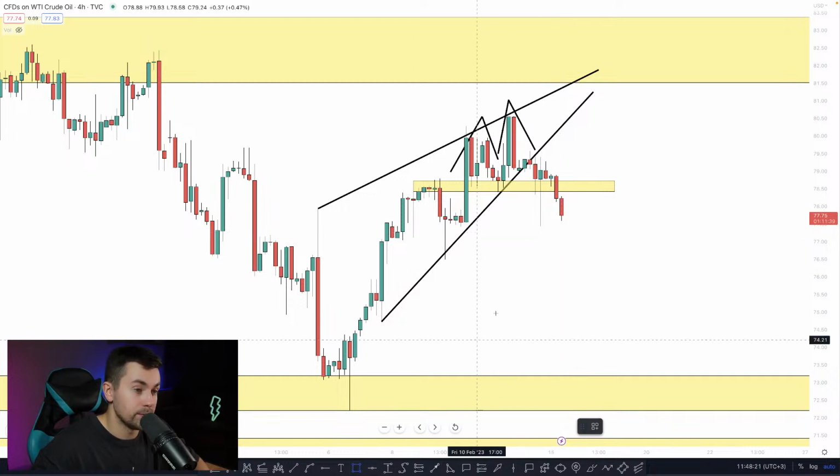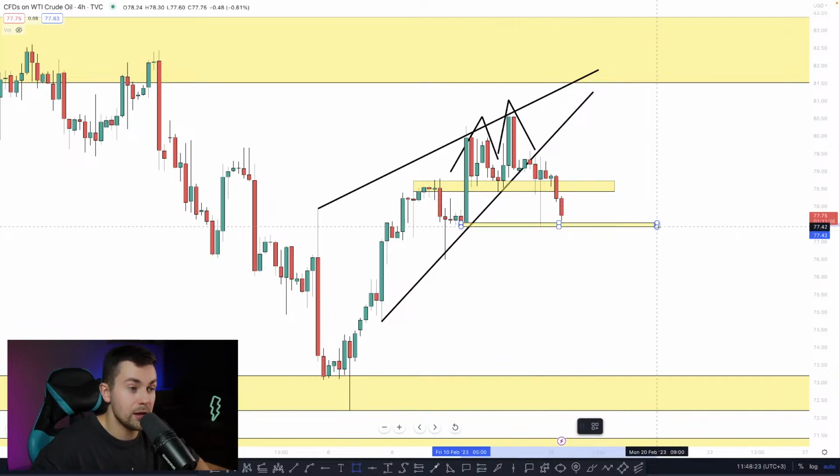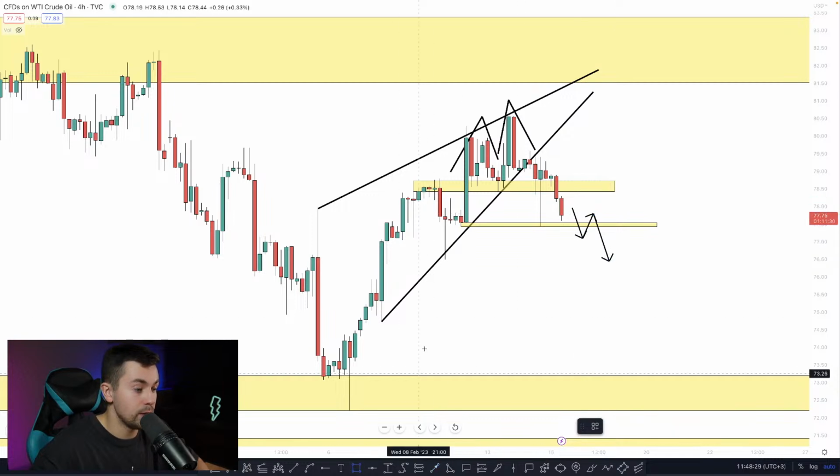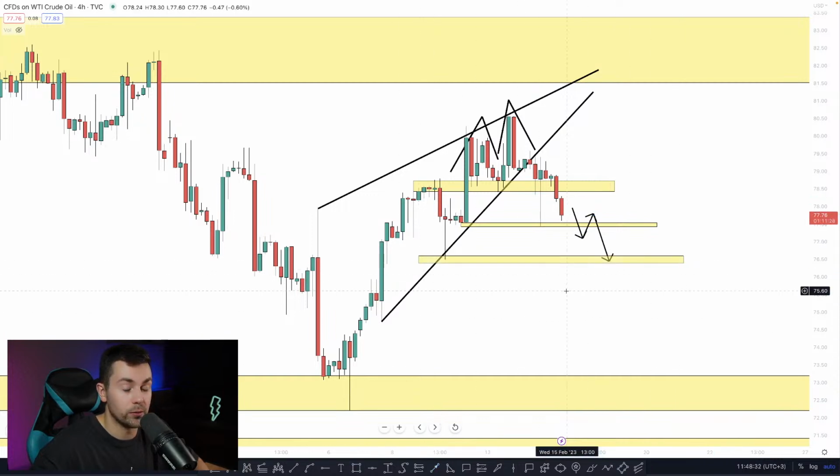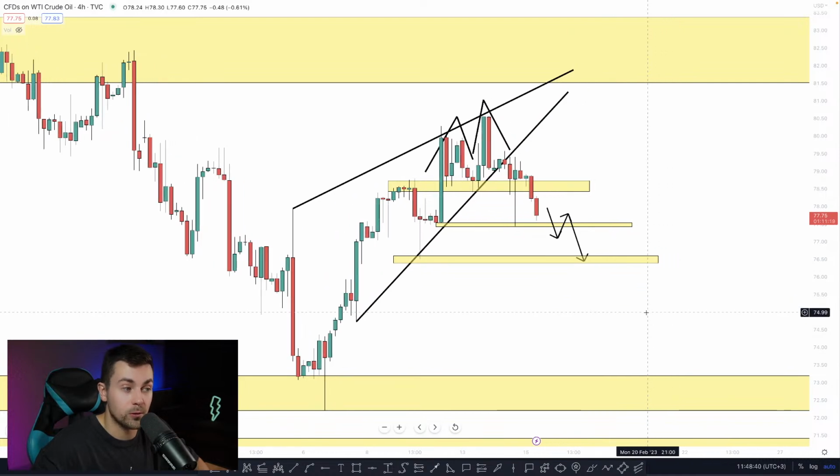So far, I'm expecting a test of that support first, and a bearish breakout of that support may push WTI crude oil lower to that support. So in focus right now is that minor structure, and its breakout will push the price lower.